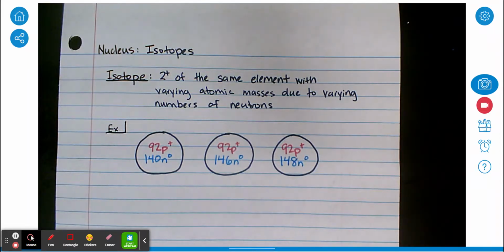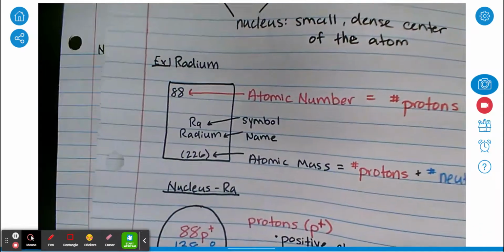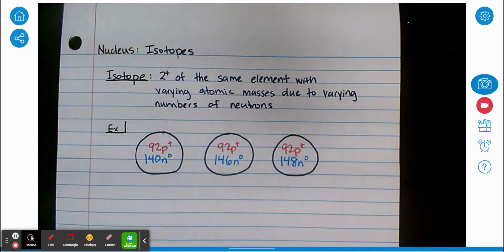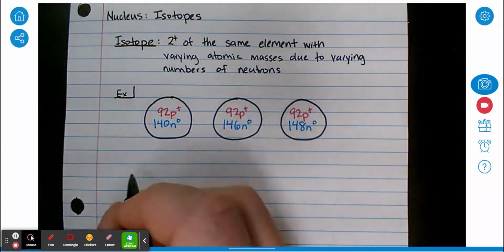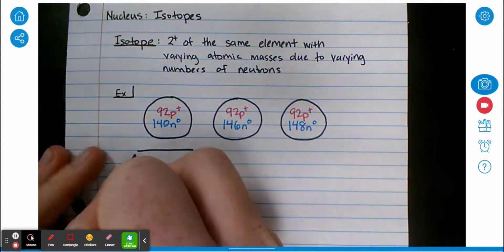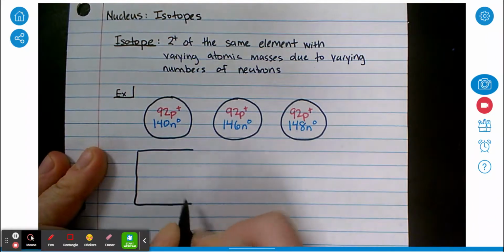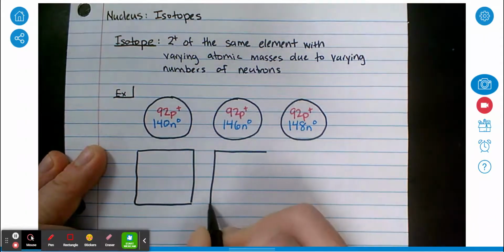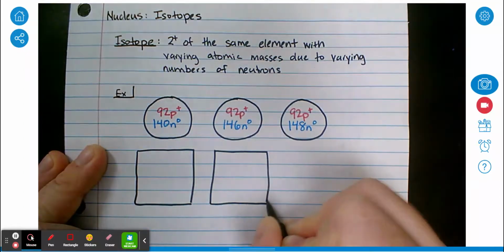Now, if I was going to continue with our last discussion and work backwards, I could build an element card for each of these different nuclei. However, my element cards are not going to be that different because when I start to construct them, I can very quickly see a similarity.